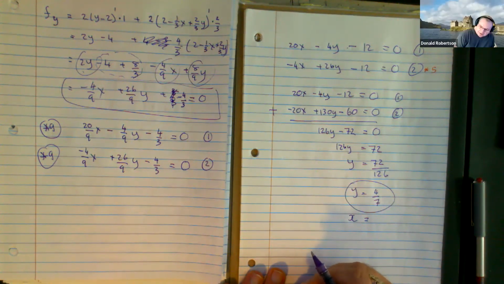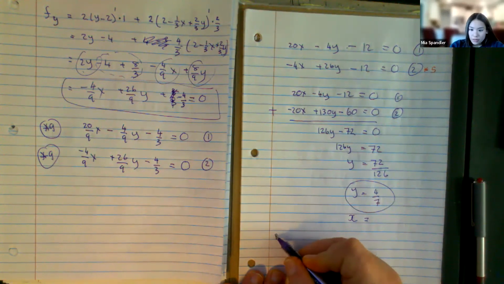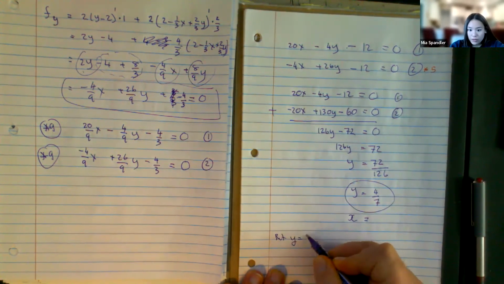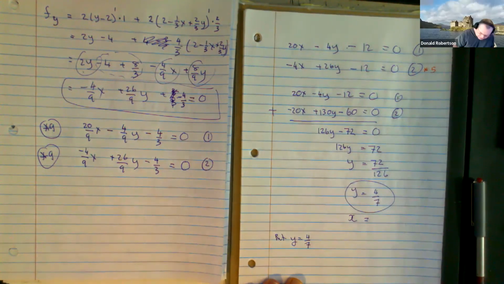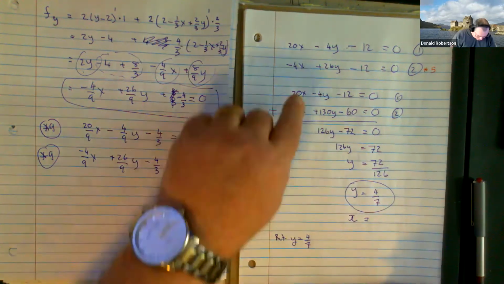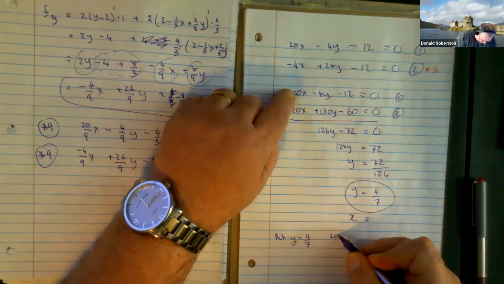And we can't remember, can we? Substitute the 4/7 in for a y value in one of the original 1 or 2 equations. Right, whatever one you feel like, really, doesn't matter, right? So I'm picking this one here because it doesn't matter.